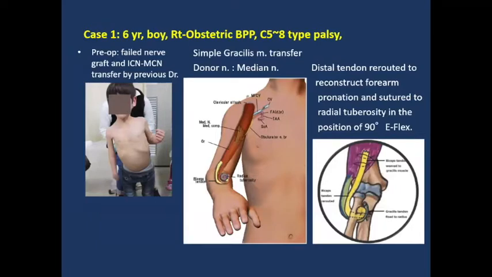Demonstrating 2 cases representing simple elbow reconstruction. A 6-year-old boy with right obstetric BPP of C5 to 8 type palsy, who had failed nerve graft and ICN-MCN transfer by a previous doctor, underwent a simple elbow flexion reconstruction by free muscle transfer, of which the motor nerve was connected to the partial fascicles of the median nerve and the distal tendon was rerouted to reconstruct forearm pronation and sutured to the radial tuberosity in the position of 90 degrees elbow flexion.